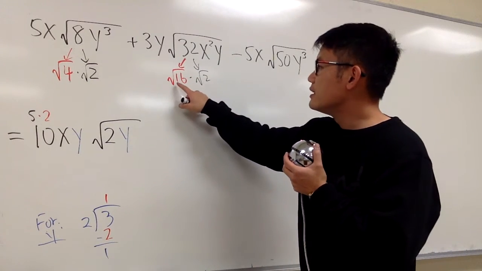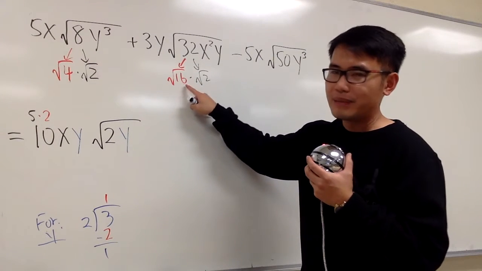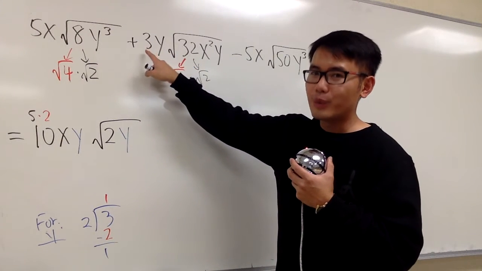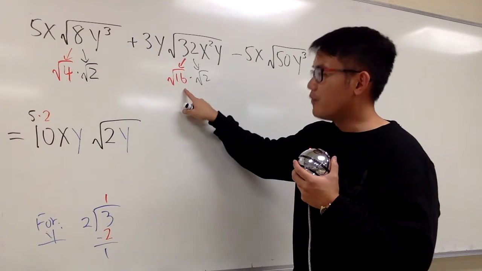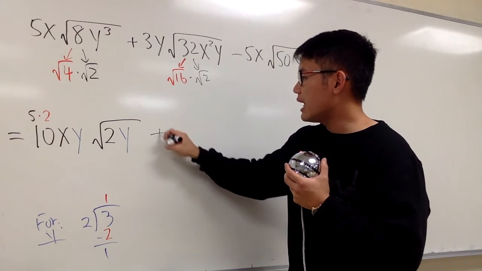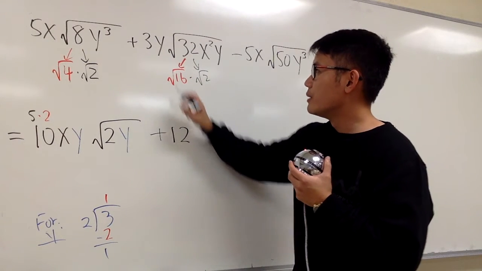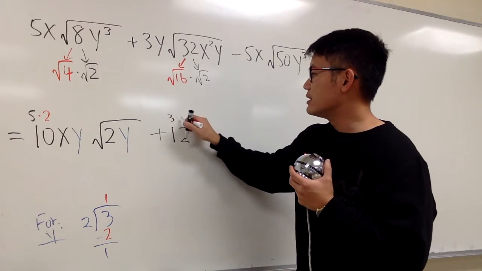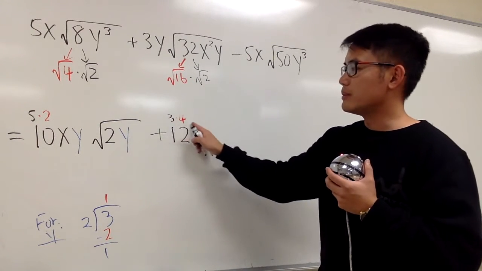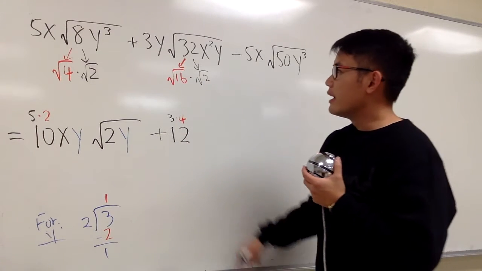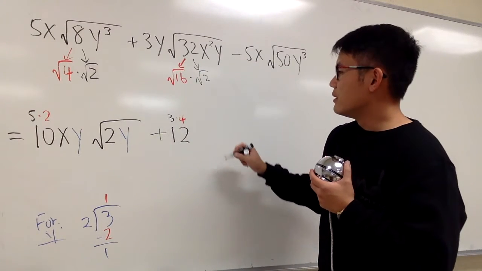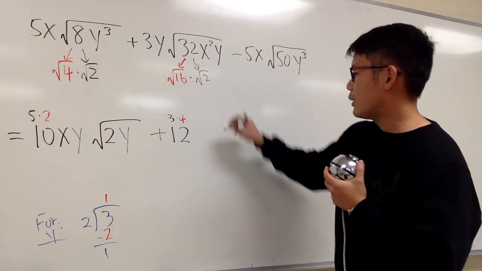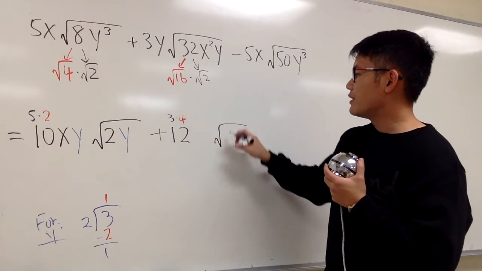So you see, this is pretty much just a 4, but then we have the 3 in front. We have to work out 3 times 4. So we will write down plus 12, because once again, we have the 3 times this is just a 4. So 3 times 4 is the 12. And then we have the y, but then let me leave some space actually, and then I will open the square root, and then I have the 2 inside.